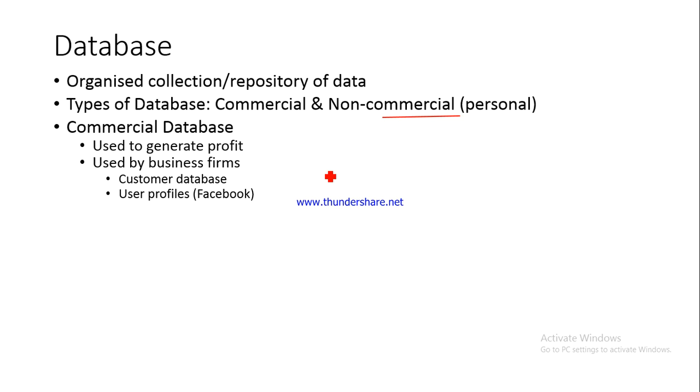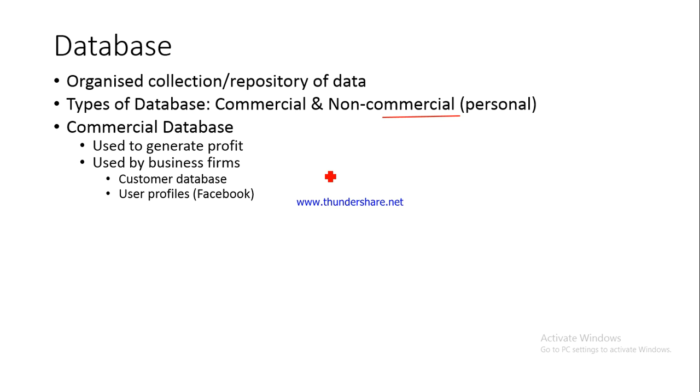So for example, if a particular customer profile has shown that the person is planning to buy a car, they would sell this particular information to a car manufacturer or to a car marketer, and then the car marketer would show his ad directly on the Facebook page of the particular user.